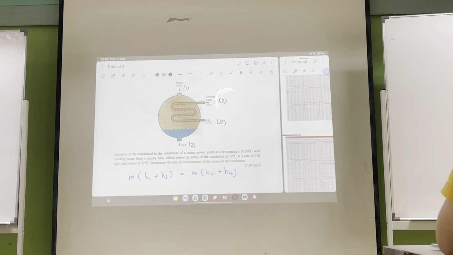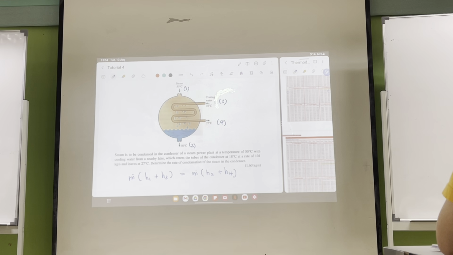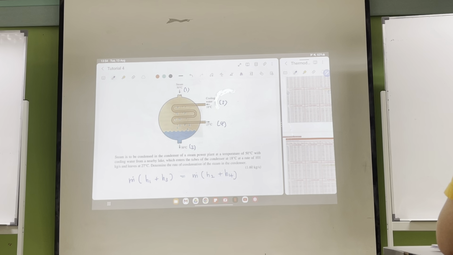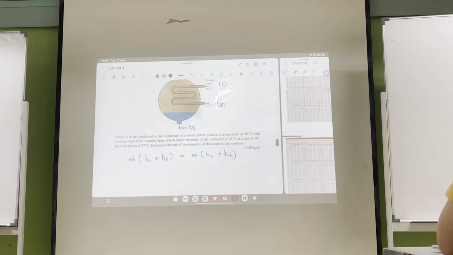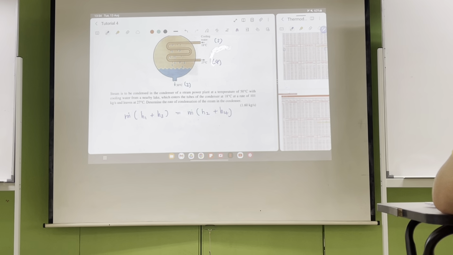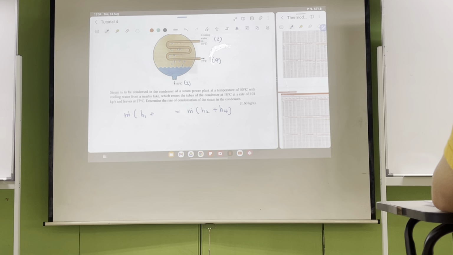Okay, now let me think how to say, how do we talk about this? The rate of condensation of the water, meaning what you are looking for is, oh wait, sorry, the way that I write here is actually wrong. Let me change a bit here.